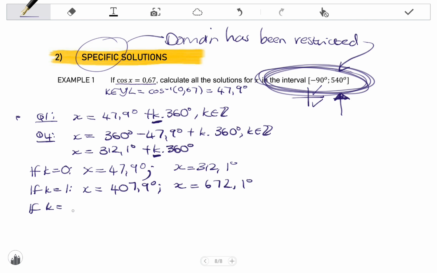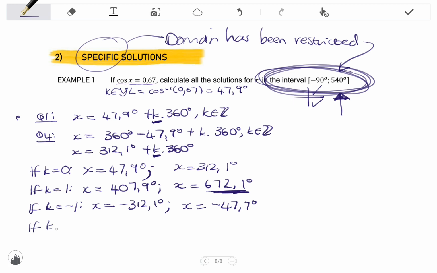What about some negative values? Because I noticed that with just 1, I've actually gone beyond the domain. So I'm going to test out some negatives. If k is -1, in the first general solution, I would get x equals -312,1 degrees. In the second general solution, if k is -1, I would get -47,9 degrees.